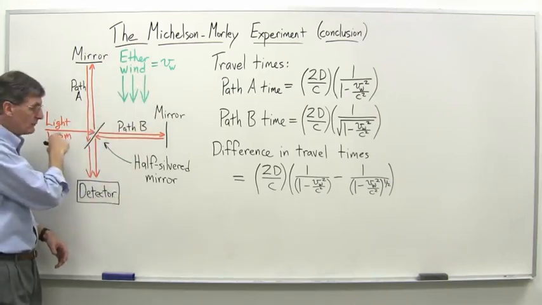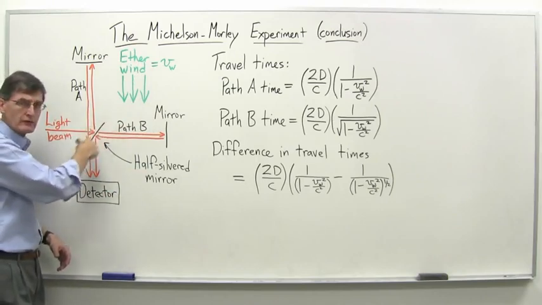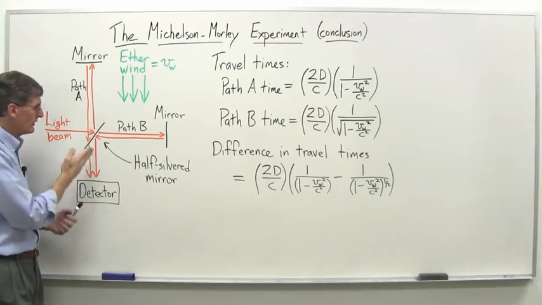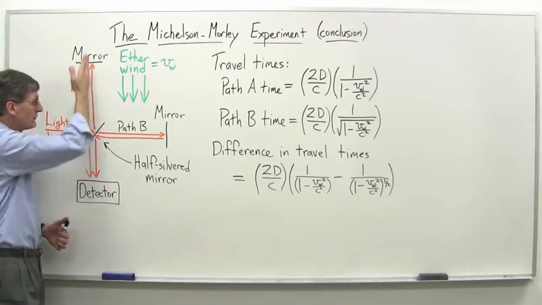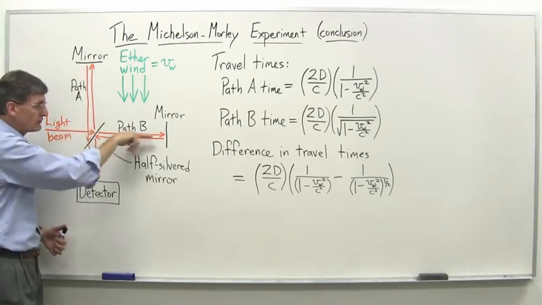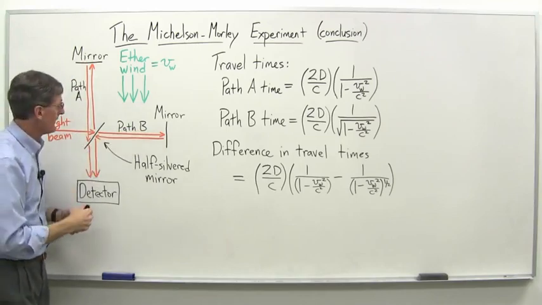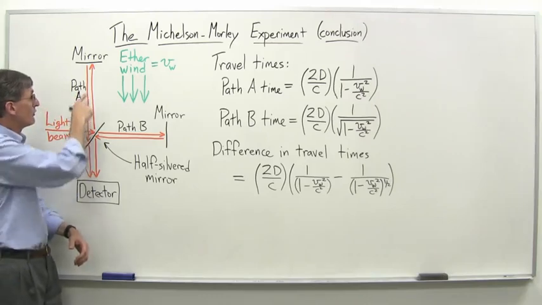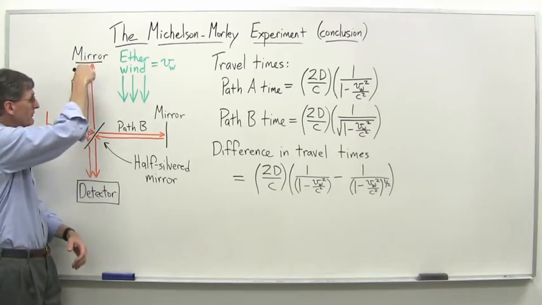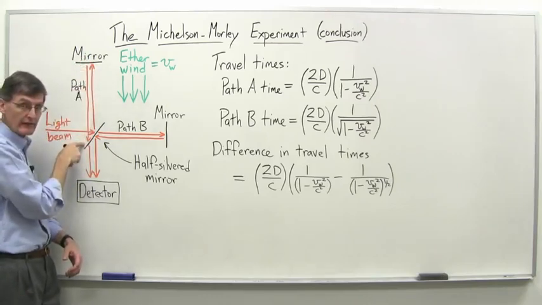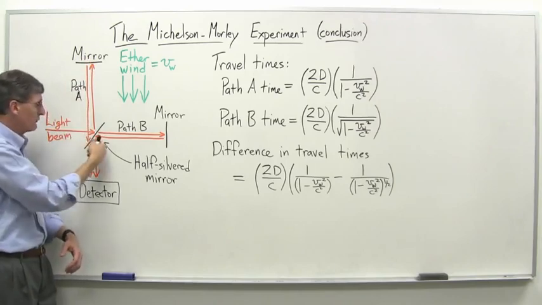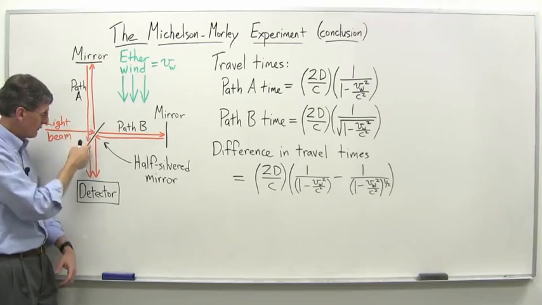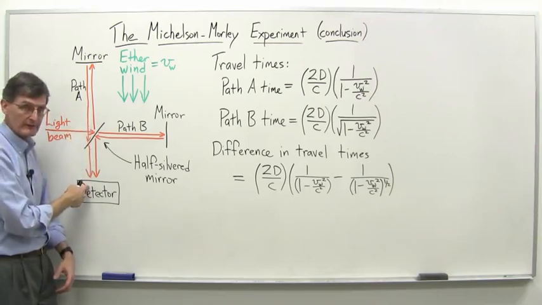This light beam comes in, and there's a half-silvered mirror here. What a half-silvered mirror means is that some of the light, if it hits it, will bounce off that way, and some of it will actually travel through the mirror. The light that bounces off goes up to this mirror, bounces off that, comes back down to the half-silvered mirror, and then some of that will bounce back the other way, but some of it will go through to the detector down here.